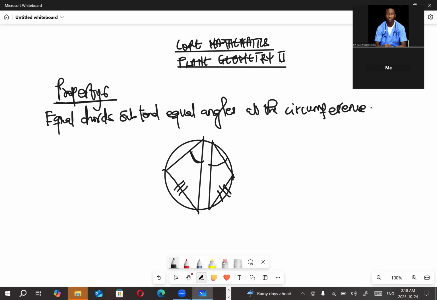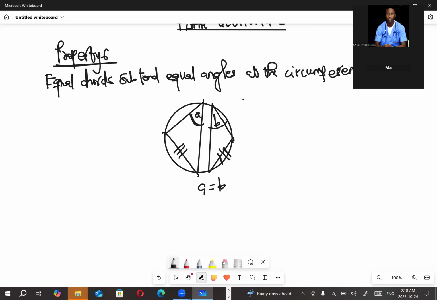So if this is done in a question, meaning the chords are equal, then equal chords subtend the same angles at the circumference. So A and B are equal, A equals B. Then your reason will be equal chords subtend equal angles at the circumference. That's it.